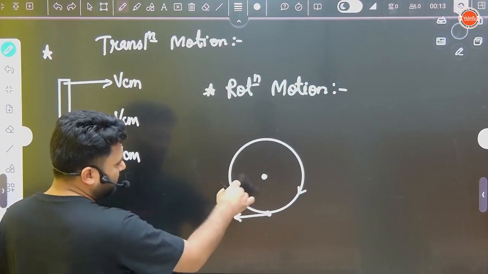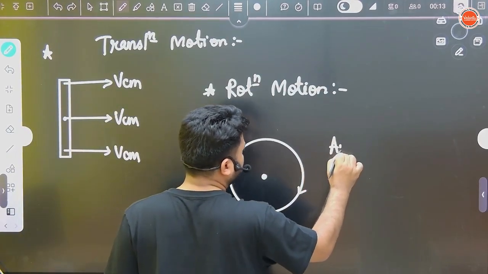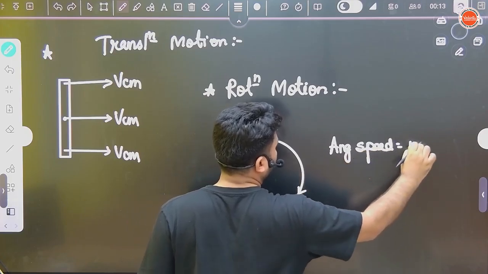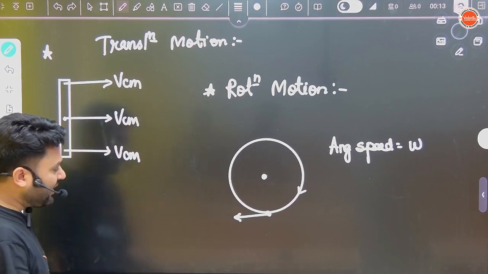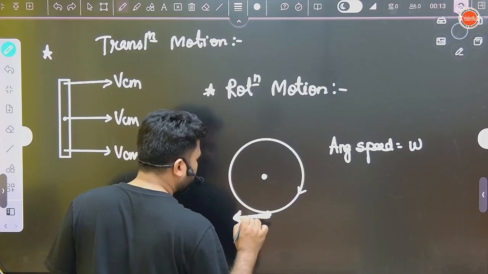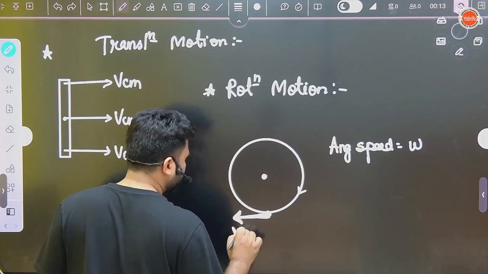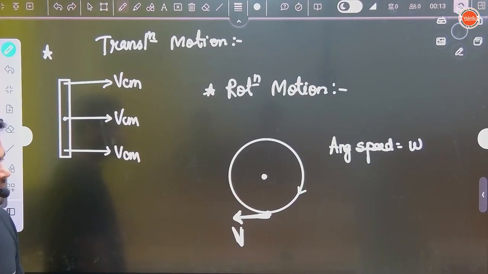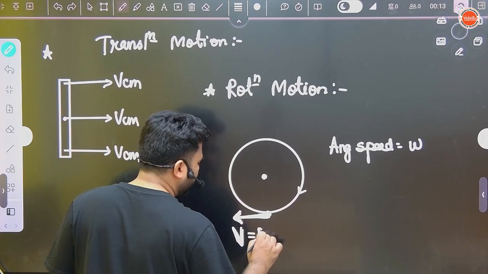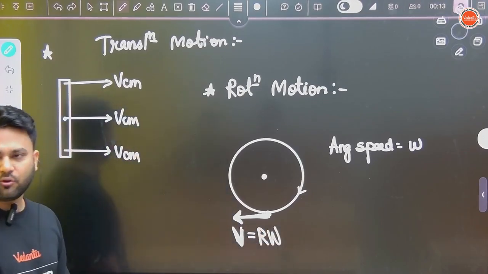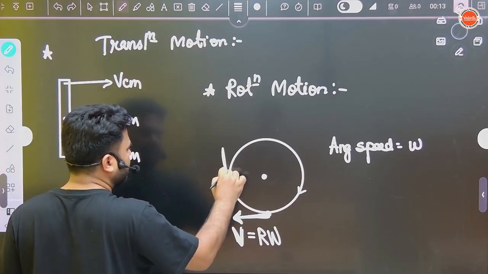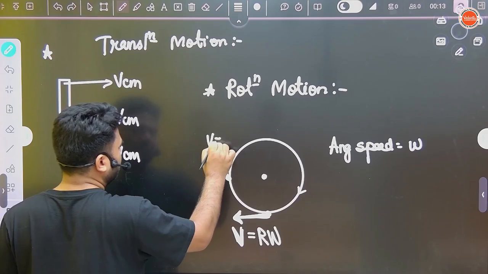This object was rotating with angular speed omega. If someone asks what is its linear speed here, this V is the linear speed. And you must have learned in circular motion that V equals R omega. You know these things. Here if someone asks what is the linear velocity, again tangent, same value, V equals R omega.